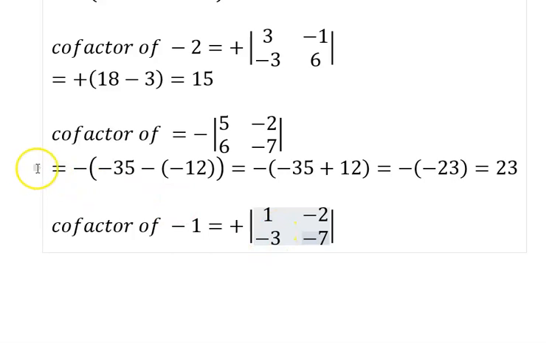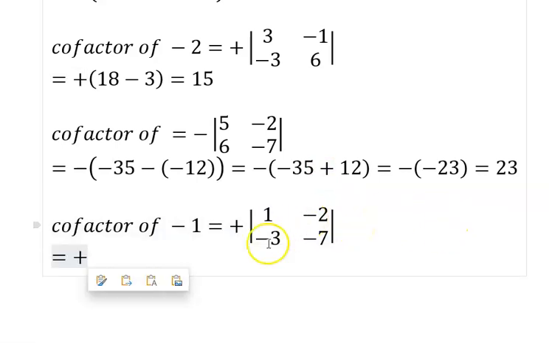So as usual, 1 times minus 7 gives us what? Minus 7. Our normal minus that used to be there.